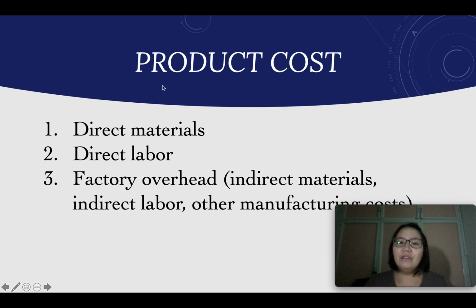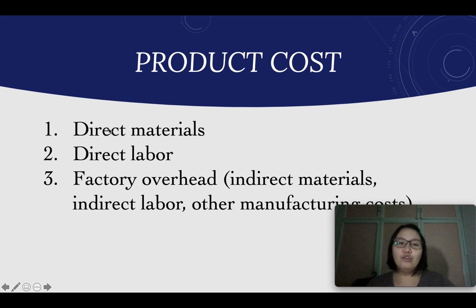Let us differentiate first direct material and indirect material. Sometimes there is an incorrect notion that the finished goods can be manufactured without the indirect material. Actually, that is wrong. The main difference between direct and indirect materials is that the cost of the direct materials is easily traceable.